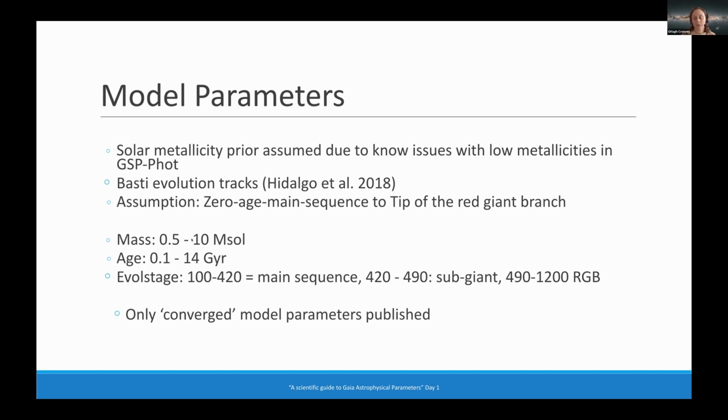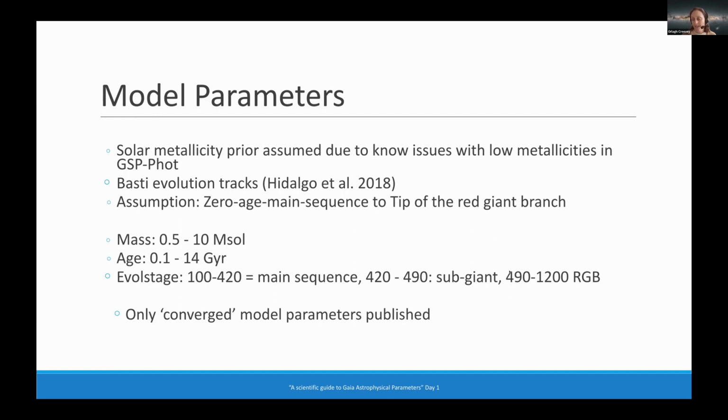So the masses are between 0.5 and 10 solar masses. For Gaia DR4, we will go down to 0.1. This is the plan. The ages are between 0.1 to 14 billion years. Okay, so this is the prior that we imposed. And for the evolution stage, this is exactly the definition that is taken from the BaSTI evolution tracks. If it's between 100 and 420, it's a main sequence. If it's between 420 and 490, it's a subgiant.